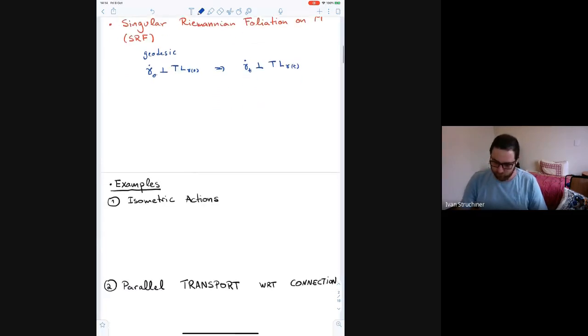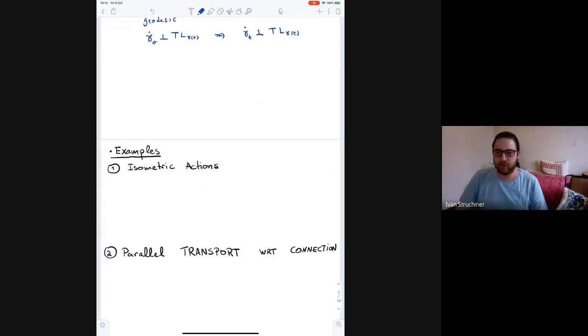So let me give you two examples of singular Riemannian foliations.